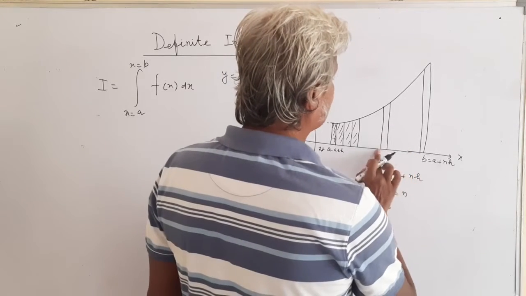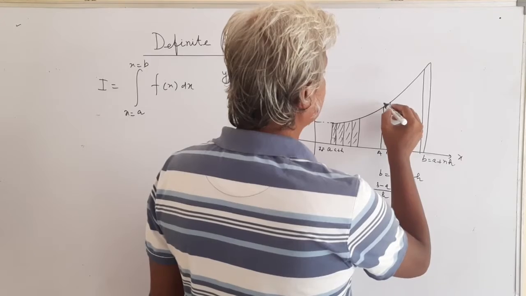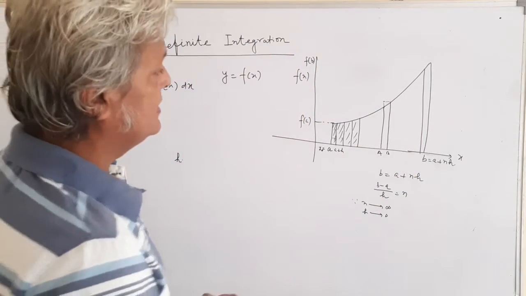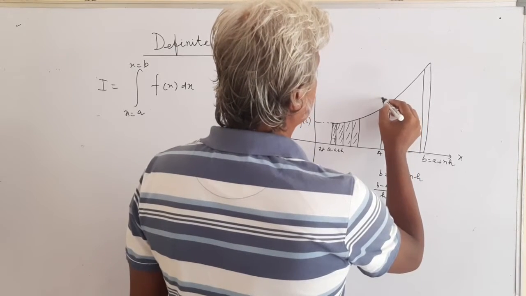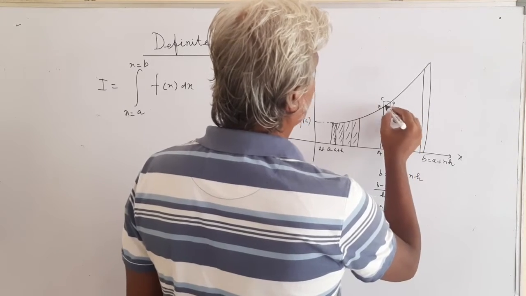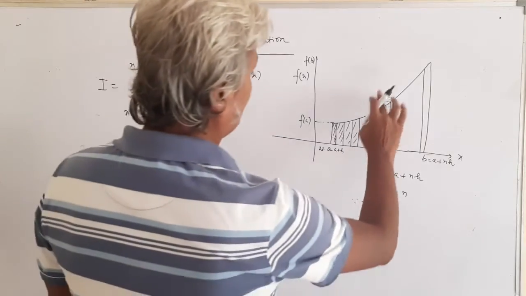Now if you just pay attention to this part, I write like this, A, B, P, C and D, E, just any random points, then you see that just look at the whole area.